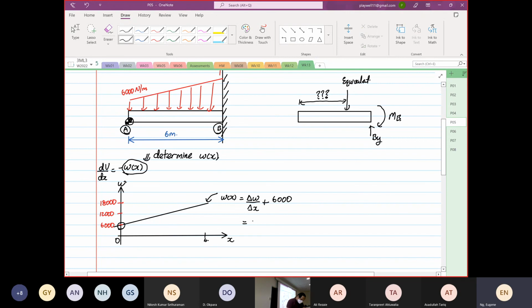The change in omega is 18,000 minus 6,000, divided by 6. So this is equal to 12,000 divided by 6, which is 2,000x, plus 6,000.